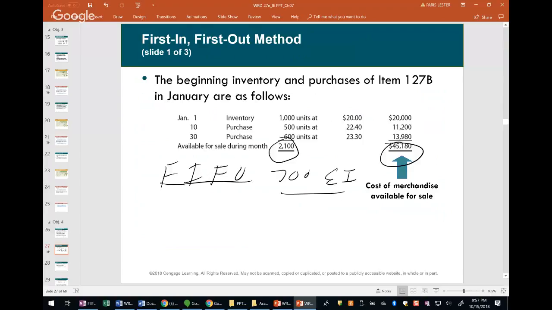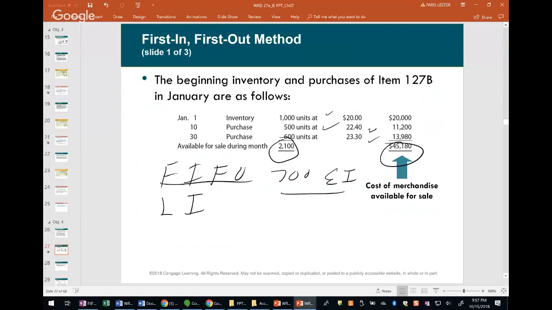I sold these 1,000, and I sold 400 of these. So what 700 do I have left? I have 100 at $22.40 and 600 at $23.30.